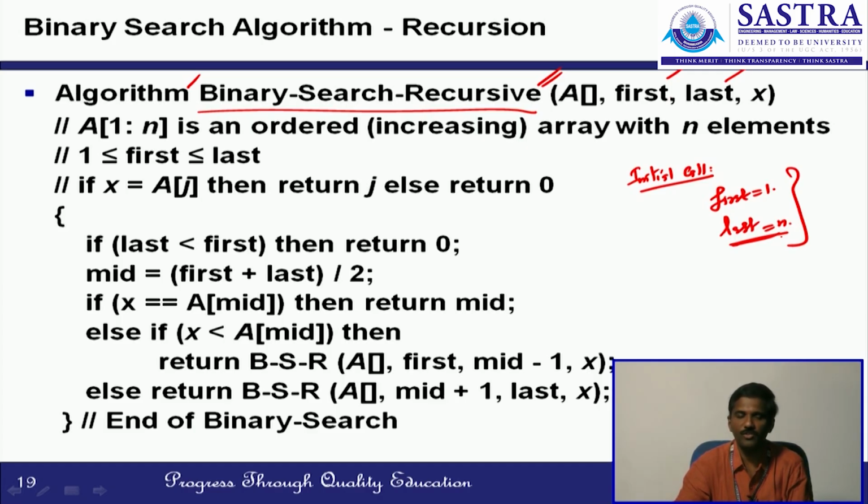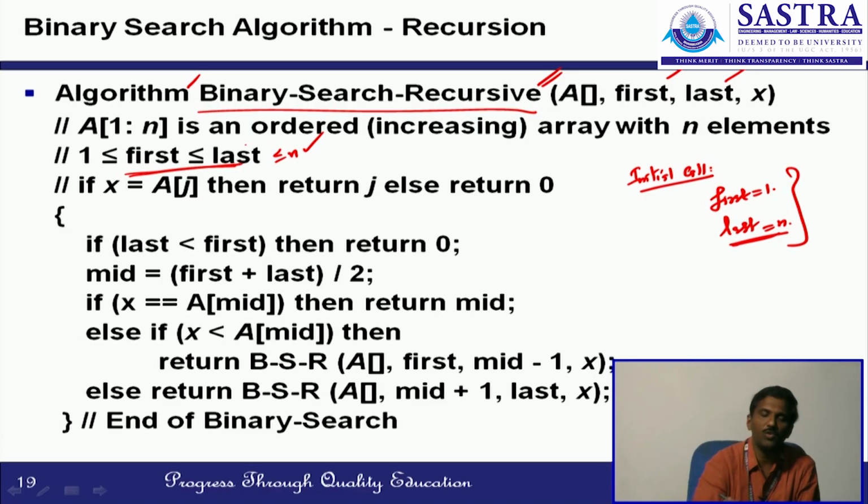X represents a searching element. So, initially we need to invoke this algorithm as binary search recursive A array comma 1 comma n comma x. 1 less than or equal to first, less than or equal to last, last is also less than or equal to n. The termination condition is defined from this relationship, first less than or equal to last.